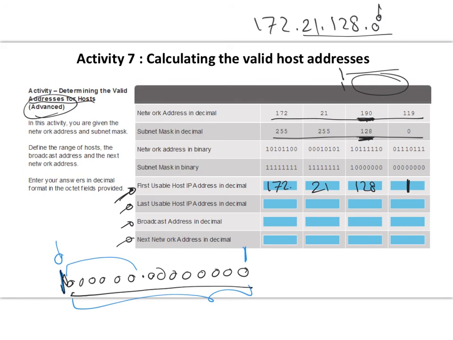And this one is already 1, right? So it becomes 172.21.255.255. So this one is the one before it. So it becomes here 254, and this is 255, and this is 21. Okay?